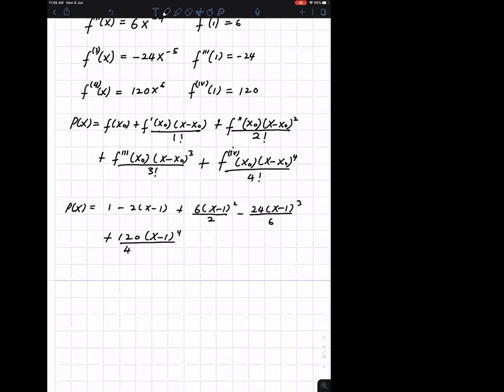4 factorial is 4 times 3 times 2 times 1. 4 times 3, 12. 12 times 2, 24.